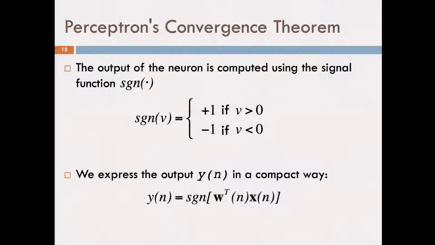After getting this linear combination, we pass it into a function that returns +1 or -1, depending on the value of V. So the output of the artificial neuron Y, written in a compact form, is the linear combination used as an argument to a sign function, which returns +1 or -1. That will be the class of the instance.